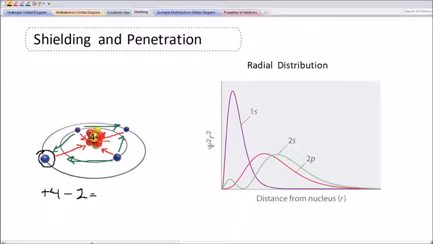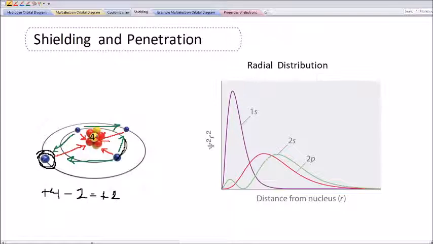So it has what's called an effective nuclear charge of +2. So there's an attraction of +2 for this electron because the electrons from the lower energy level are kind of blocking the positive charge from the nucleus to the outer electron. Basically, if the electrons are closer to the nucleus, they have lower energy.